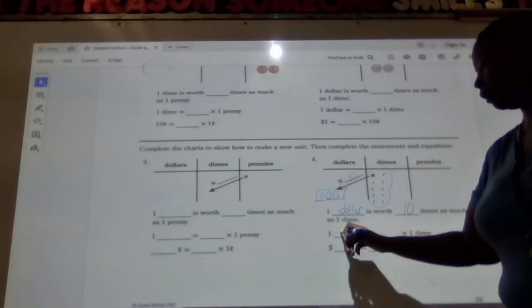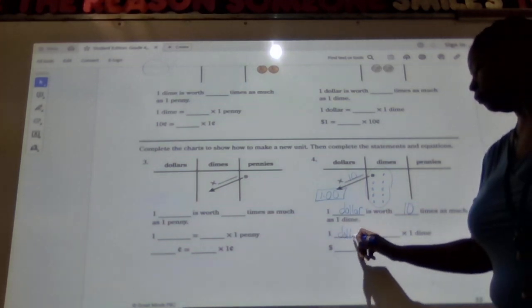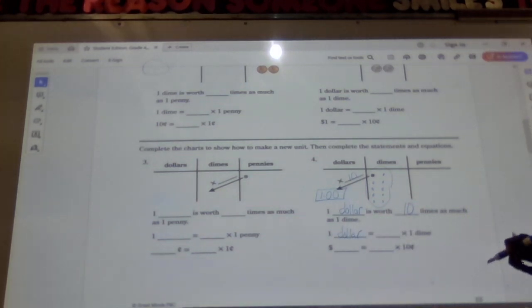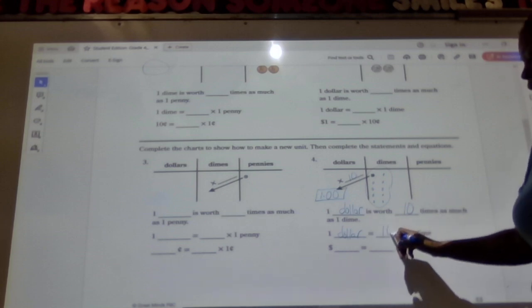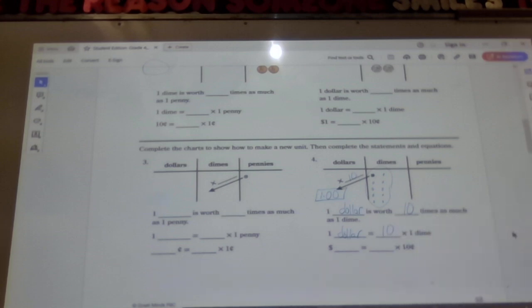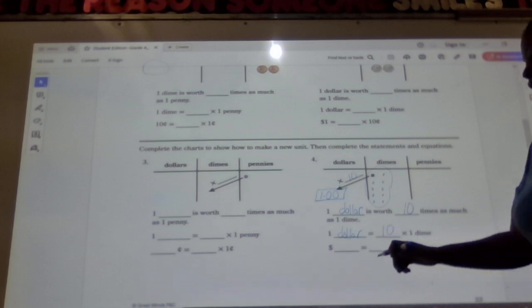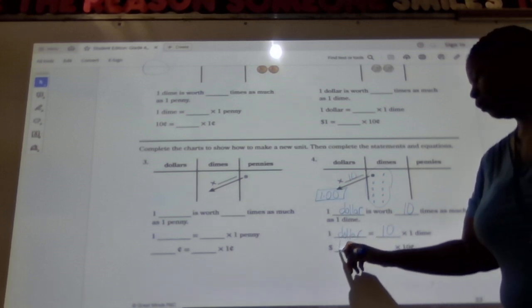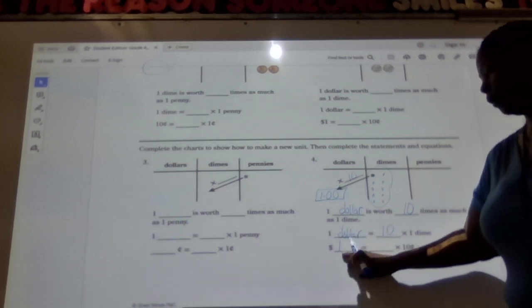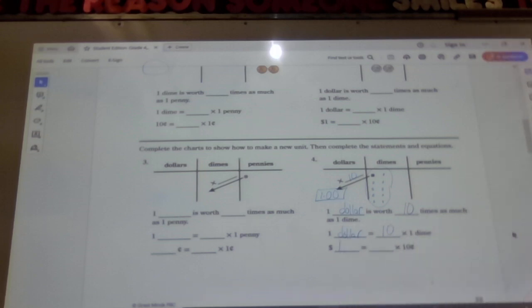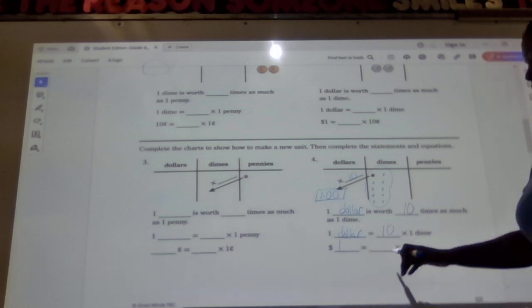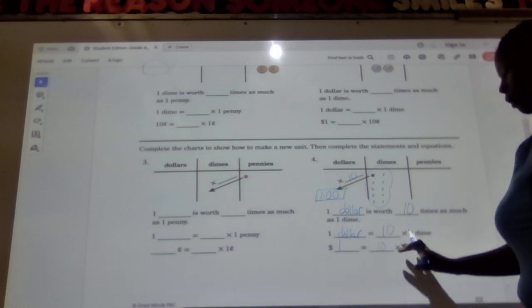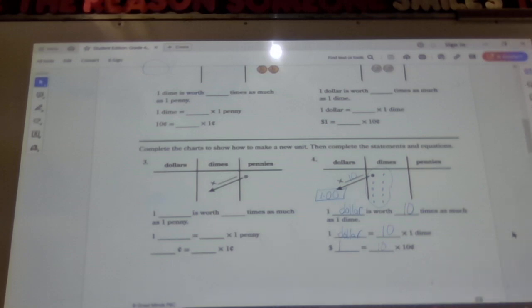So $1 is equal to 10 dimes. And $1, let me just put a 1 here because that's the dollar sign. $1 equals 10 times 10 cents. Okay?